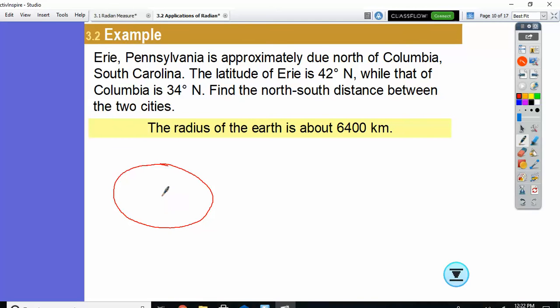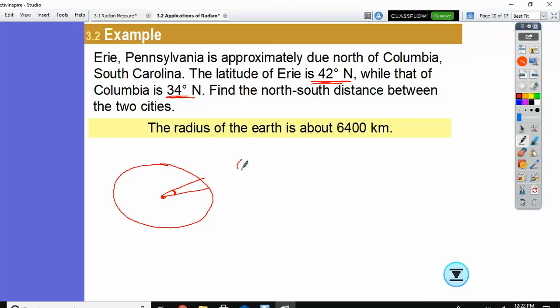Hopefully nobody's going to argue with me there. If I gave you the latitudes for these two cities, but all I'm really needing is the angle between them. So what would I do to find that angle? I want the distance between them, so we would subtract those two measurements.